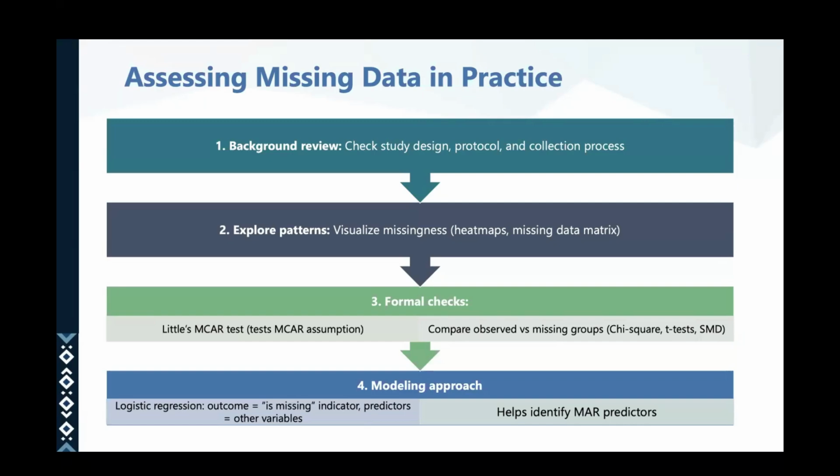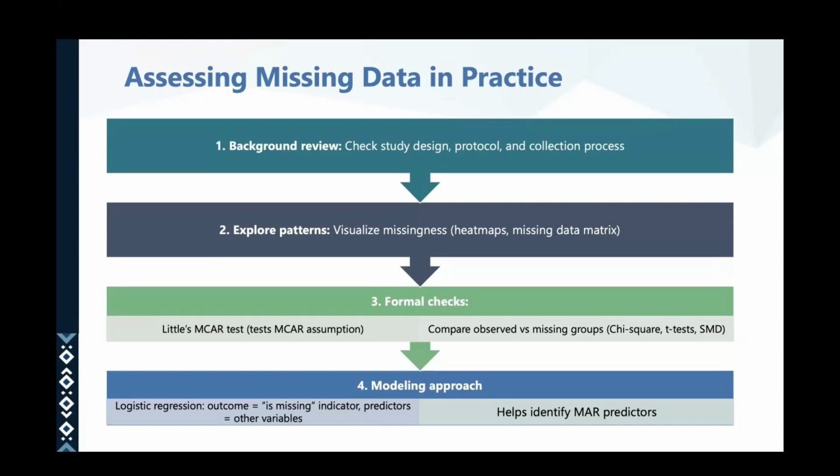Another way that you could also use statistical methods is to actually compare both observed and unobserved groups. What this means is that you organize the data in such a way that you can classify all the observations by whether there is missingness.